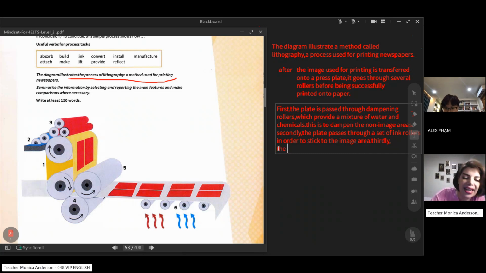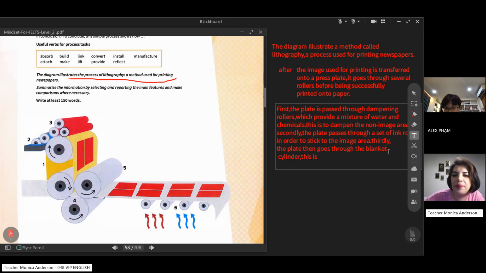The plate again, the plate then goes through the blanket cylinder. And why?